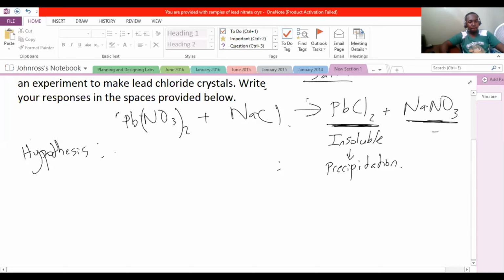To make lead chloride. So that would be like an aim.